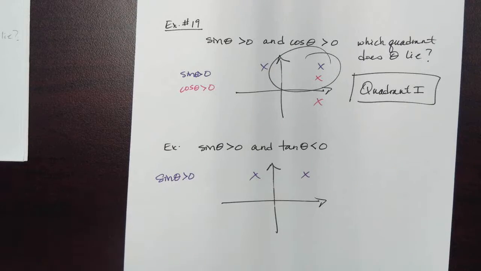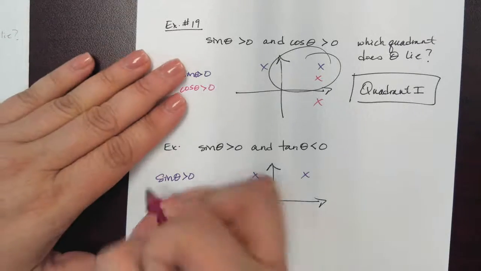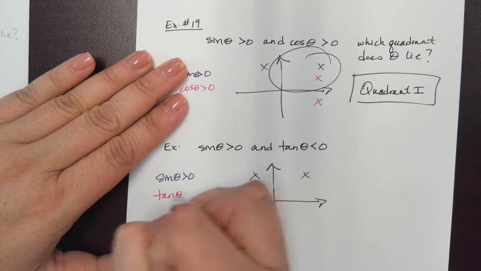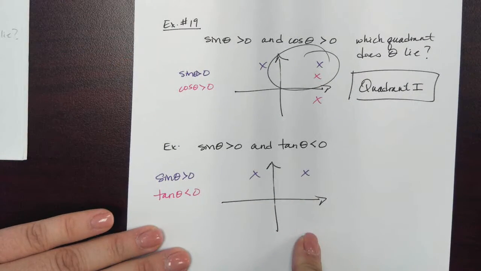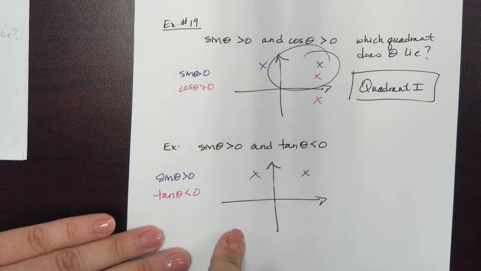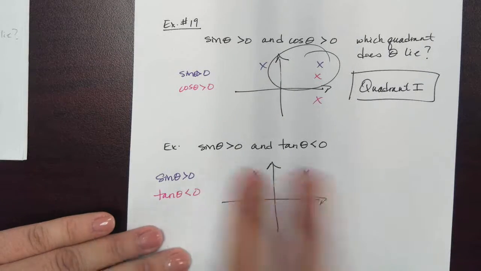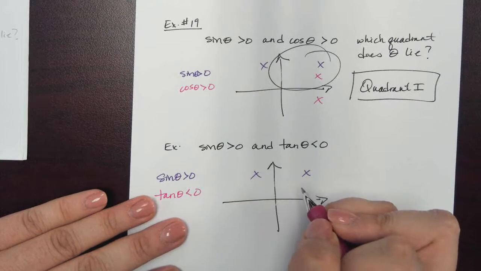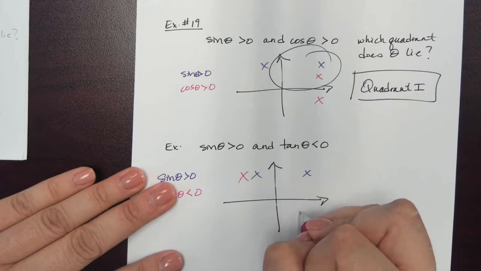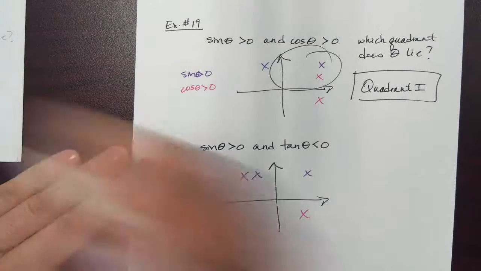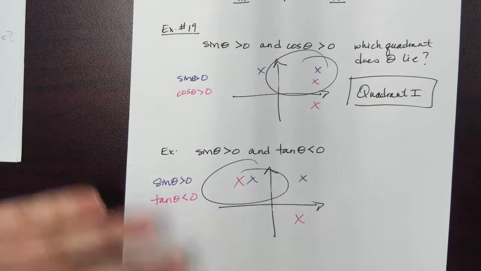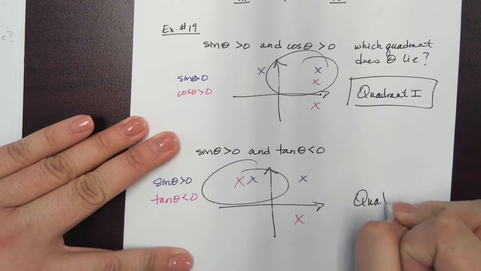Now it's asking where is tangent theta less than 0, or negative? Well, all students take calculus. Tangent is positive in quadrant 1 and 3, so it's negative in quadrant 2 and 4. This is the one where both of them overlap. The answer is quadrant 2.